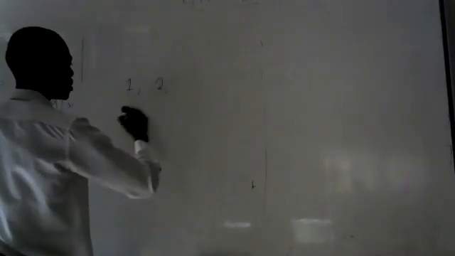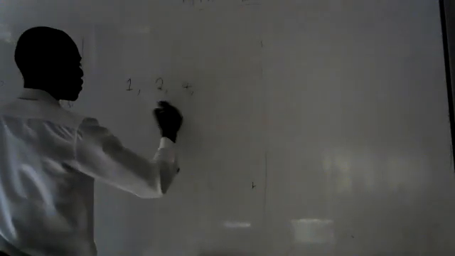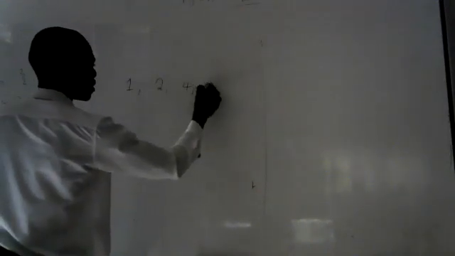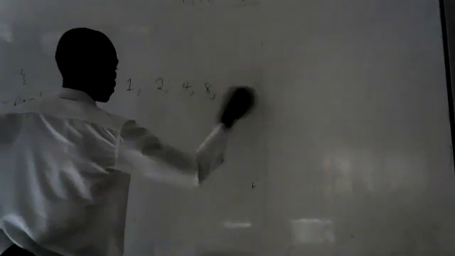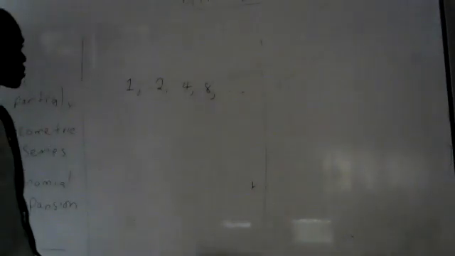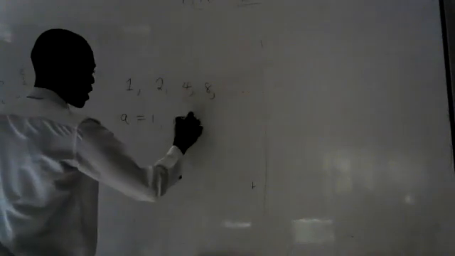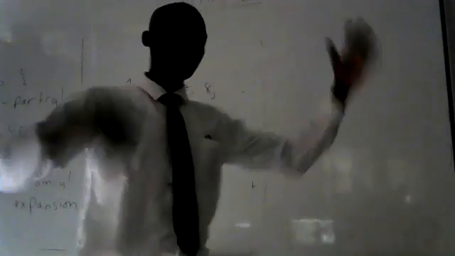So we can have something like 1, and then 2, then 4, then 8, all the way. So here, the first term is 1. Then let us compute R. So we said R is the ratio of any of the two successive terms.